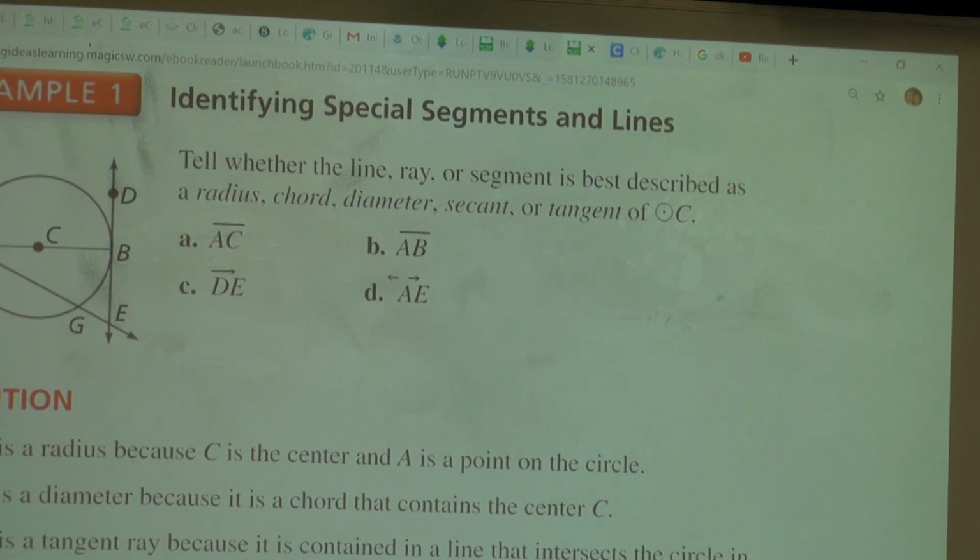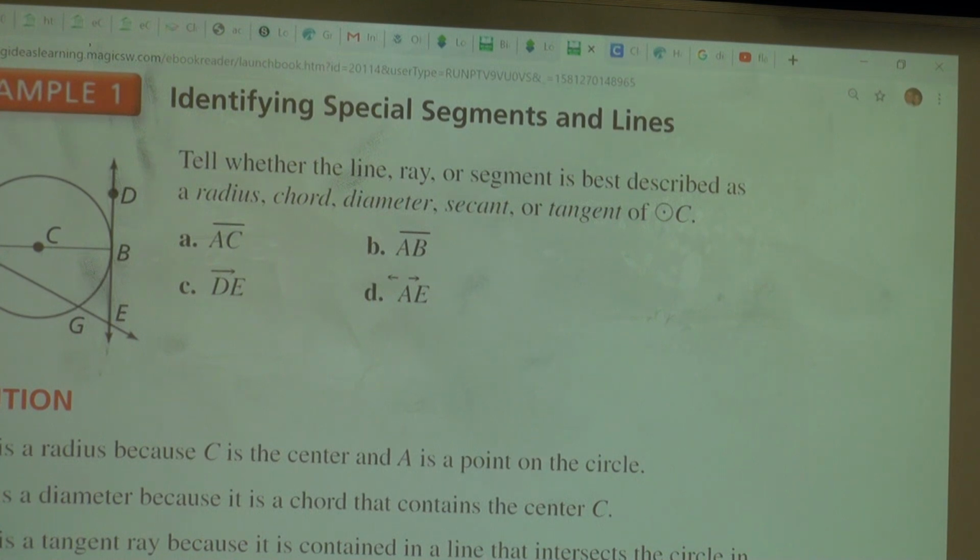Letter B says segment AB. Notice that segment AB does go through the center of C. You could describe segment AB as a chord, but it is best described as a diameter because it goes through the center. Ray DE is best described as a tangent, a line that touches the edge of the circle.